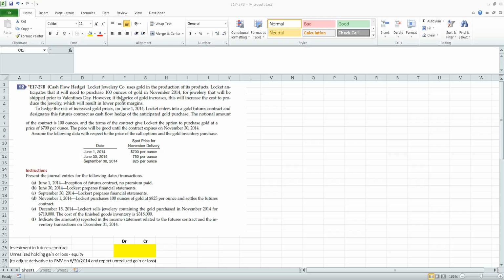Now, the implication of that, as we just mentioned, is that any gain or loss that arises from the change in the value of the futures contract is initially going to be deferred and will not be recognized as a component of income until the jewelry being manufactured from the gold is actually sold.